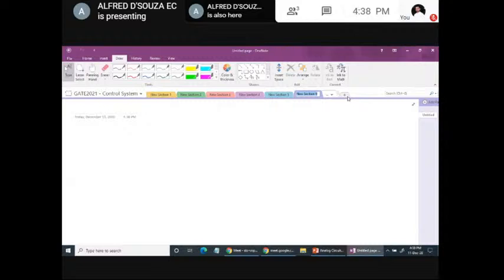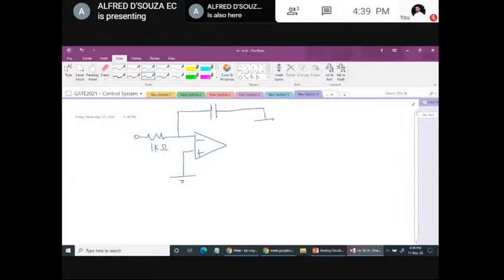So I'll write the circuit for your benefit. The circuit is somewhat like this. We have the operational amplifier, minus, plus. It's an integrator. 1 kilo ohm. Then we have a capacitor, another capacitor, and output voltage V naught.